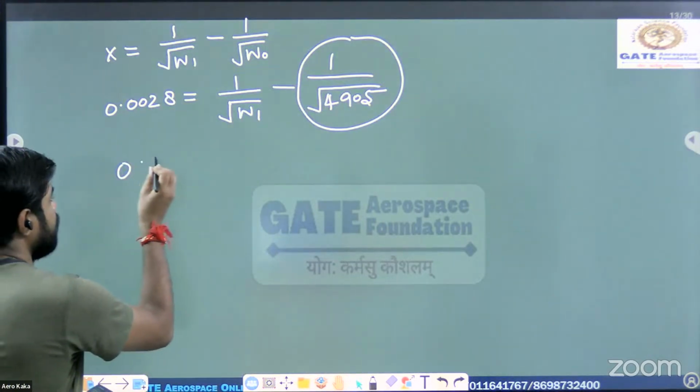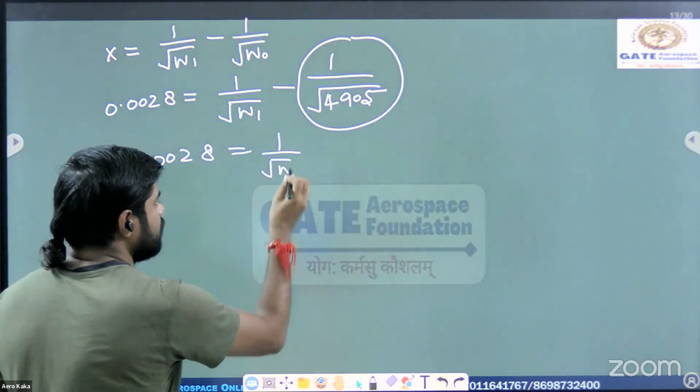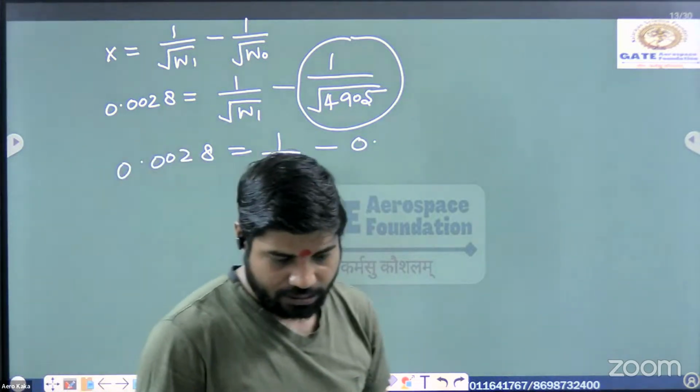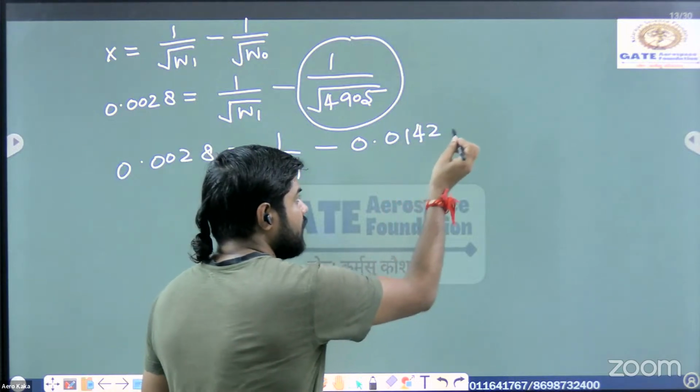So you can write 0.0028 is equal to 1 upon root of W1 minus 0.014228.